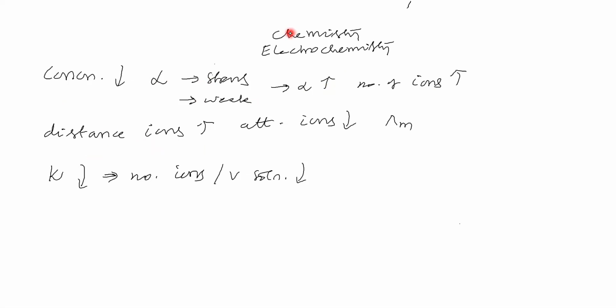Since the distance is increasing, the attraction between ions decreases. Kappa decreases, it is an experimental term, and therefore the explanation we have given is that the number of ions per unit volume of solution decreases.